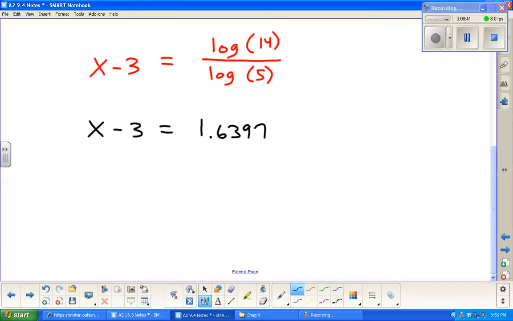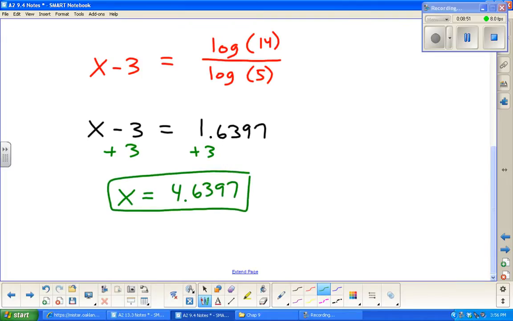And then when we add the 3 to both sides, we can finally get our x value. So x is going to be 4.6397. And if you're thinking about rounding, the directions are usually going to tell you round to the nearest thousandth or 10,000th, or it'll be kind of clear. If it's not clear, carry at least 2 decimals. 3 or 4 would be a little more safe.